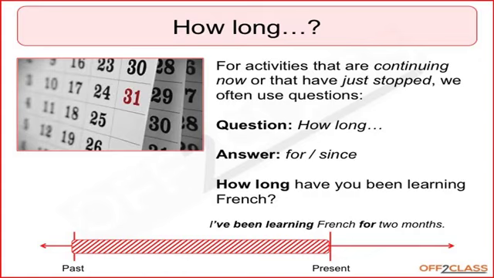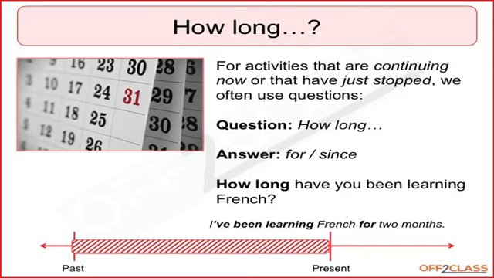Here is the use of how long. We use how long for activities that are continuing now or that have just stopped. We often use questions. Question: how long? The answer is for and since, to show the duration or to show the time.